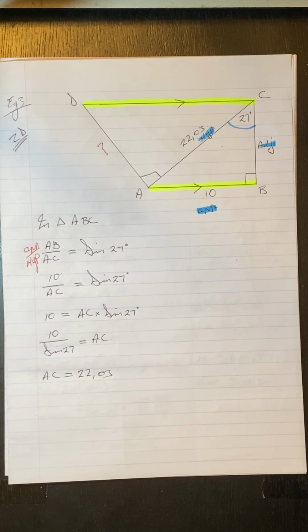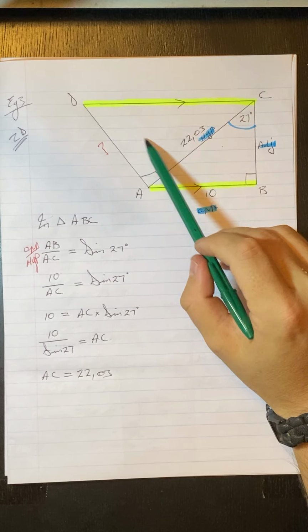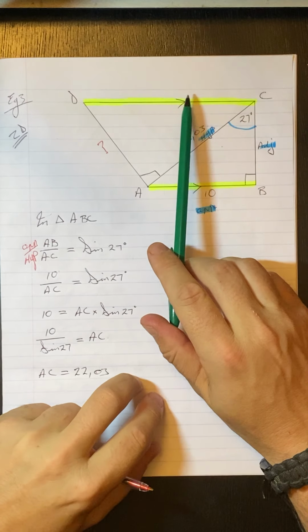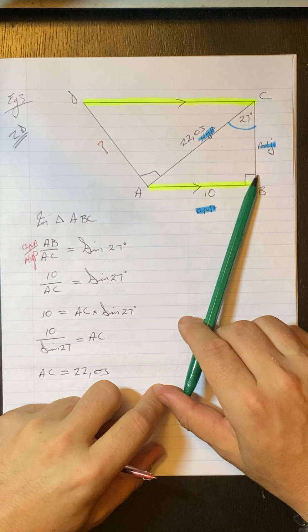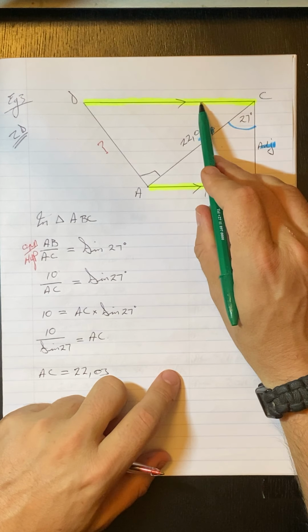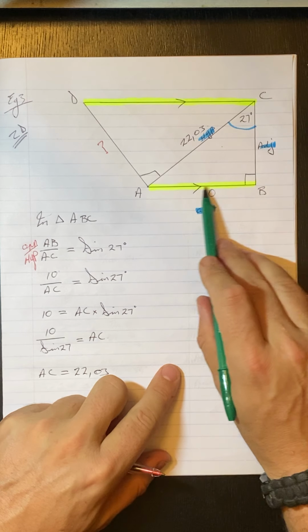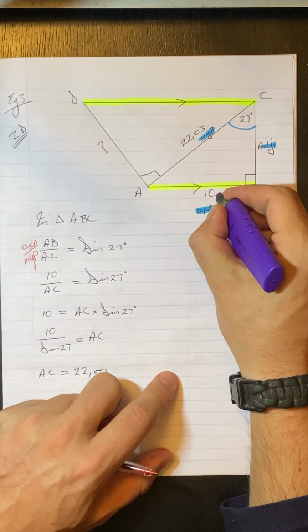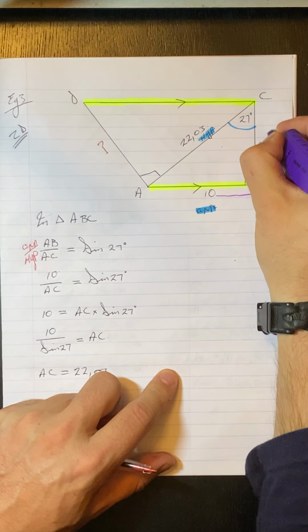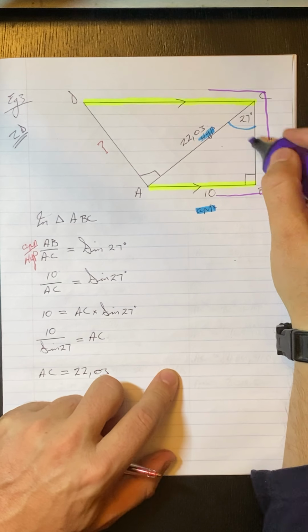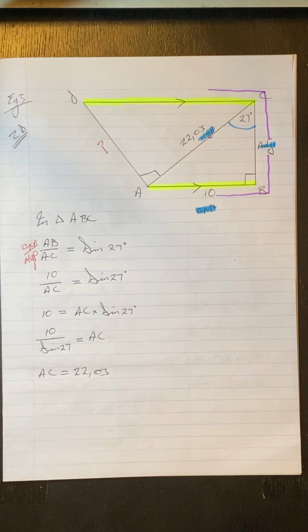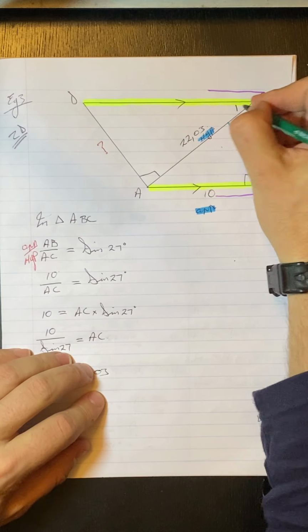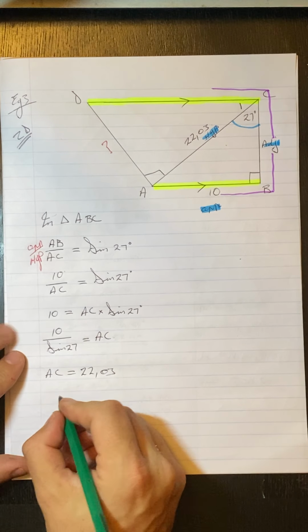All right, so we're getting there. Now, I need another angle in this ADC triangle. This is where we're going to use our parallel lines. So you can see here, I'm going to use co-interior. I'm going to make a C there with my parallel lines. So here's our C. And we know that co-interior angles add up to 180 degrees. If I call this angle C1, so I'm going to write this here.